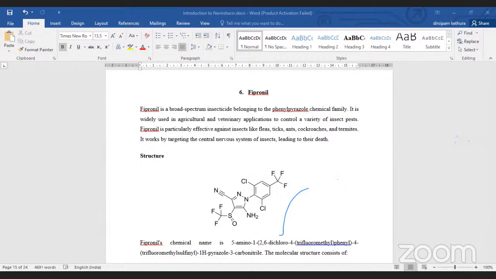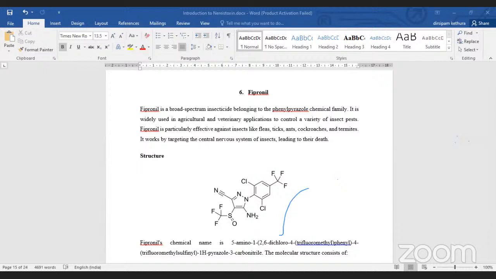Coming to the mode of action of milbemycin, they target GABA-gated chloride channels in pests or parasites, and that causes hyperpolarization of the cell membranes, leading to paralysis and eventually the death of the parasites. This is what we discussed about milbemycin.